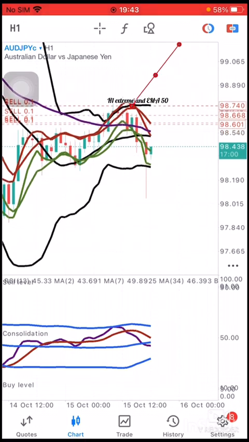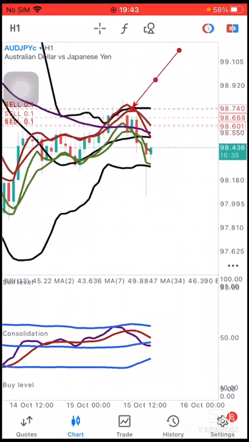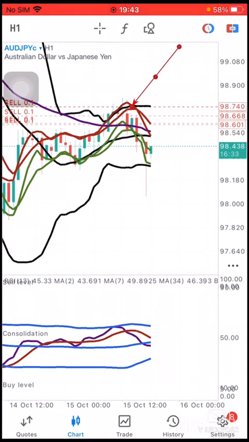It also had the extreme. My 5 was outside the Bollinger Band, and then also market closed back inside the Bollinger Band. So that was a clean extreme that confirmed that price was actually going to go down. Okay, so that's H1 extreme.